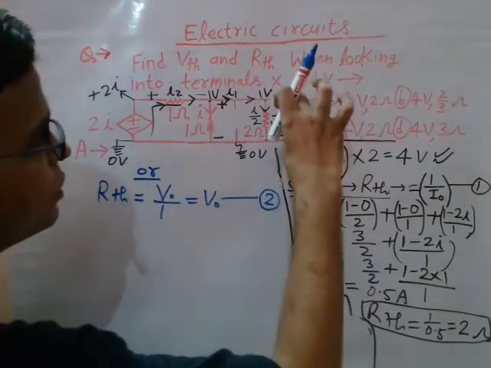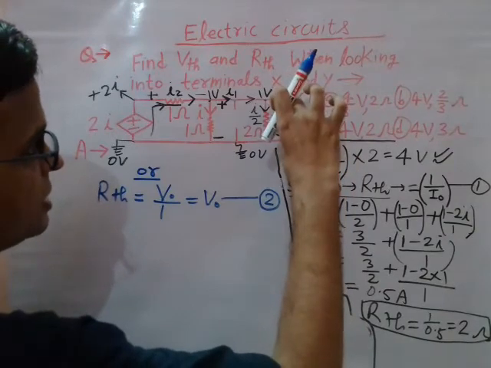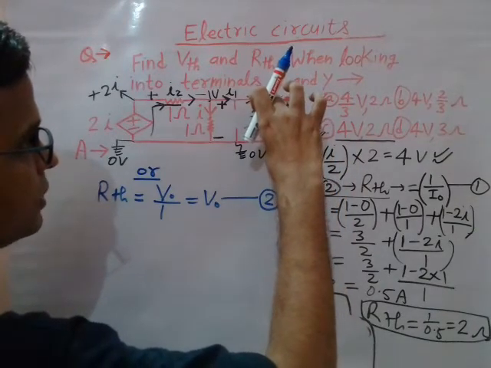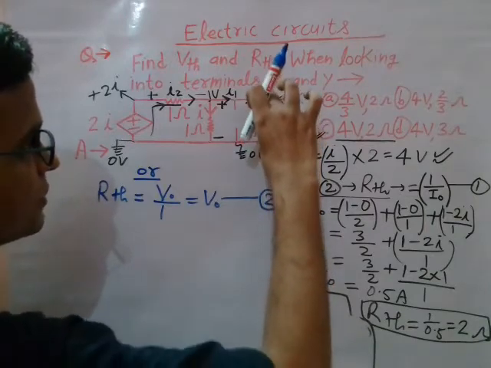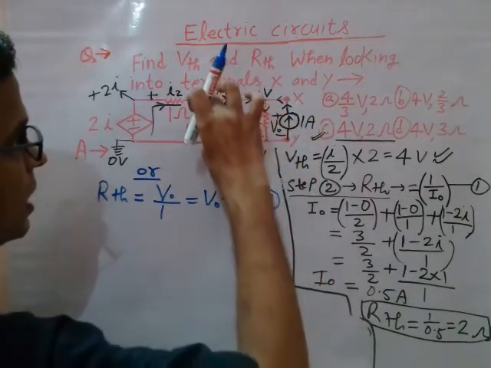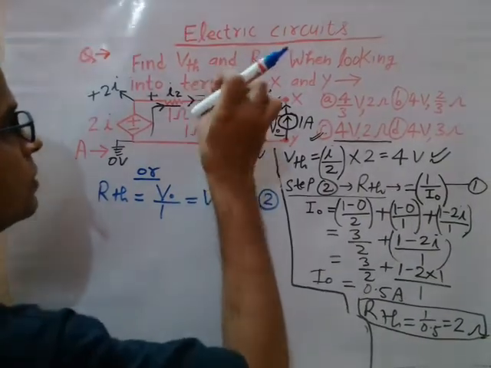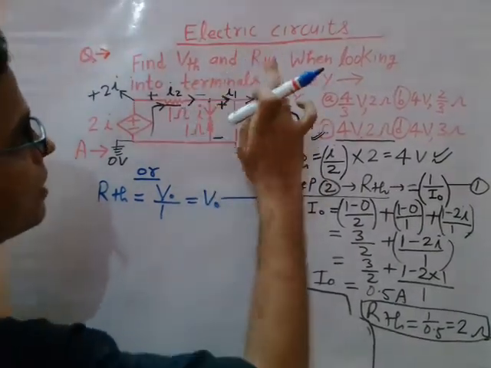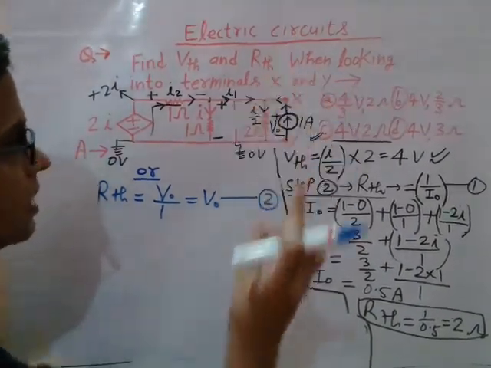Right, now my job is to find out this V0. So this is the V0 across this test current source of 1 ampere. This V0 will be equal to this V0 across this, because this is a parallel branch, so voltage across this is also V0, and again voltage across this branch is V0, right? So these are the earlier values for the earlier case.